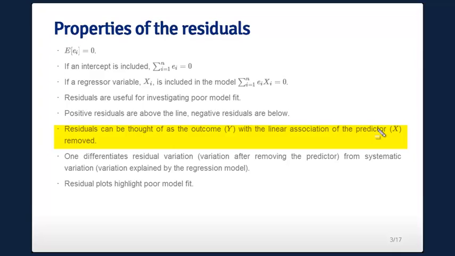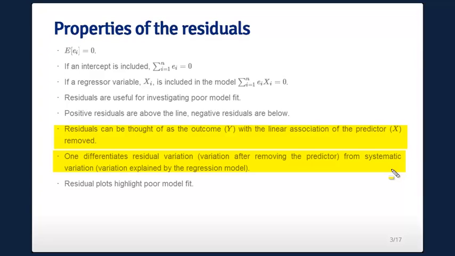Often when we talk about regression models, what we're differentiating between is residual variation, which is variation that's left after removing the predictor, and systematic variation, which is the variation that's explained by the regression model. So if there's a perfect relationship between the y's and the x's, then there is no residual variation. If beta 1 is 0, if it's just a horizontal line and only the intercept, then there's all residual variation and no regression relationship.